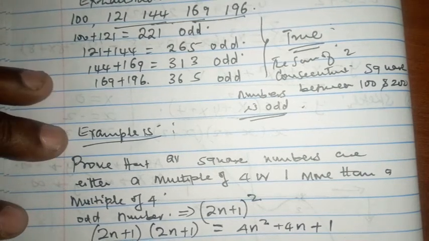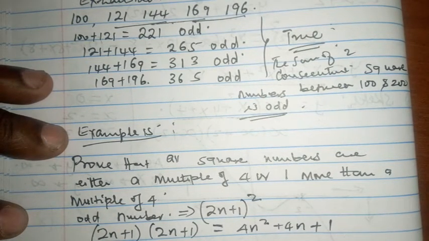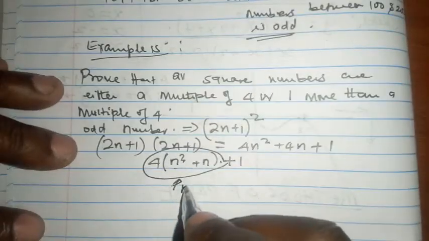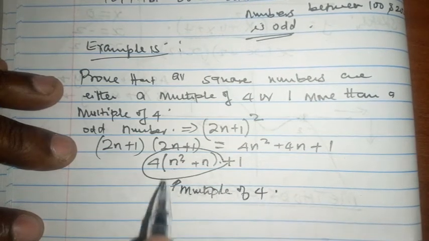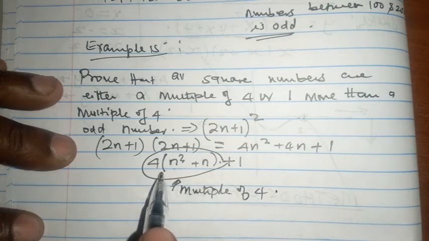You realize that 4 is common in the first two terms, so we have 4 times (n squared plus n). We did not bring n outside because we are interested in 4 being a factor. So this part is already a multiple of 4, because it can be divided by 4.